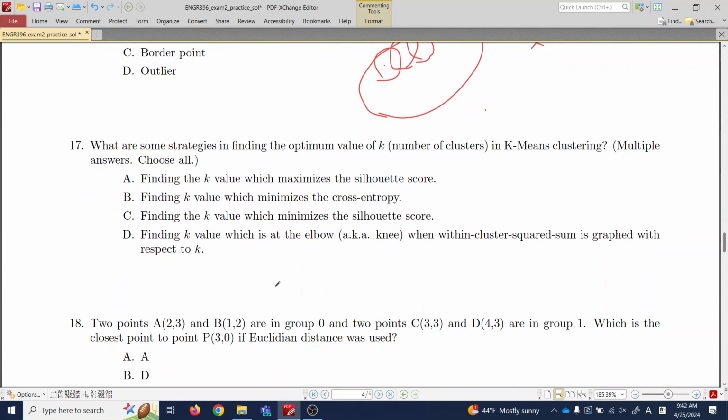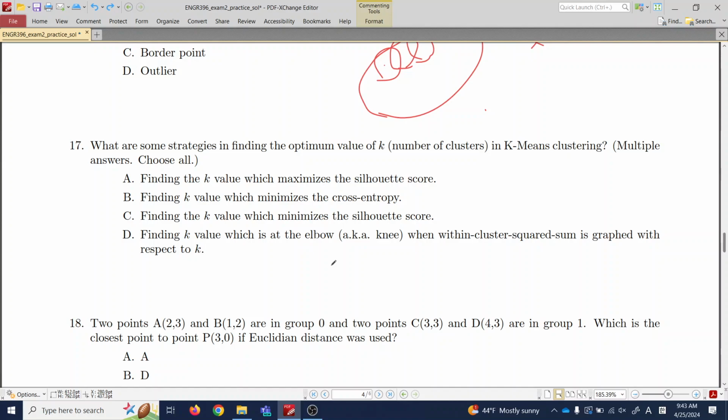What are some strategies in finding the optimum value of k in k-means clustering? Yeah, multiple answers. When you do unsupervised learning, especially when you don't know the label, you really don't know.